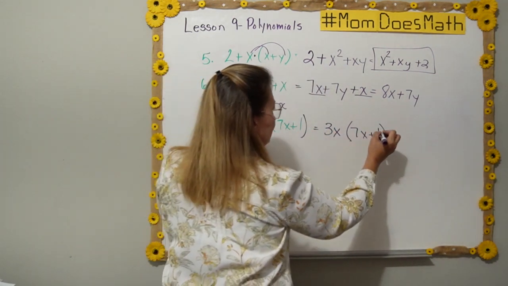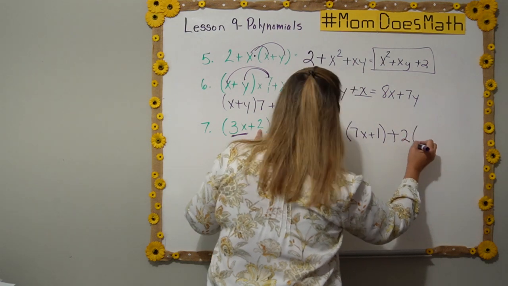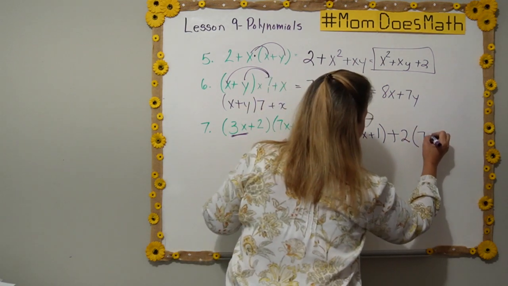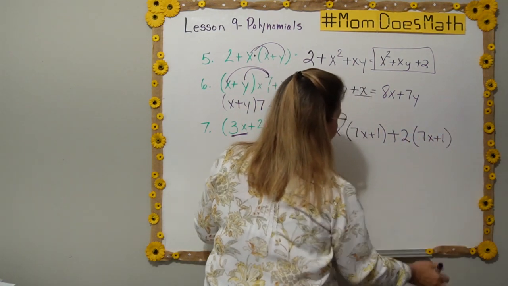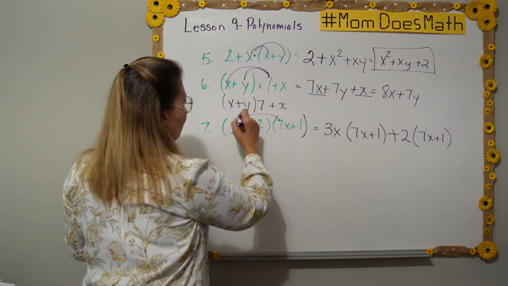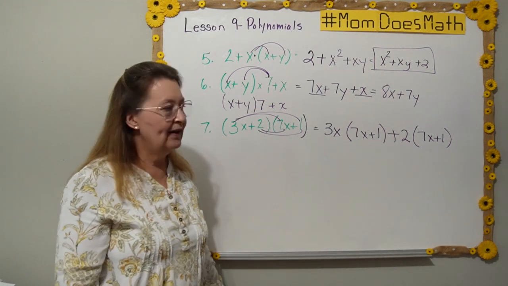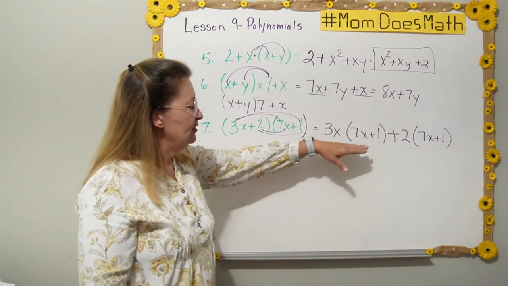Whatever this sign is, plus, and whatever this number is, 2, and you're going to also multiply it by 7x plus 1. Now what a lot of people will do is they just draw the arrows like this and multiply. That's fine. This just makes it more clear sometimes.